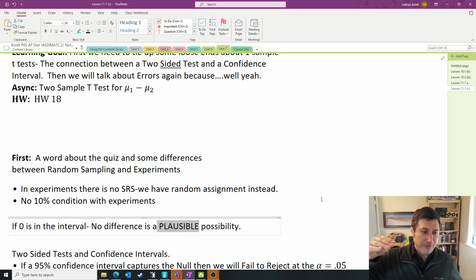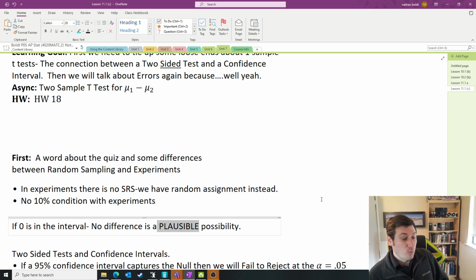All right? If 0 is in the interval, there being no difference is a plausible possibility. We still believe that there might not be any difference. We don't have convincing evidence that one is bigger than the other. And some of us were being a little too strong in our language, saying that there was no difference.